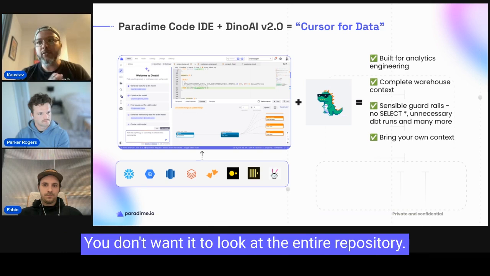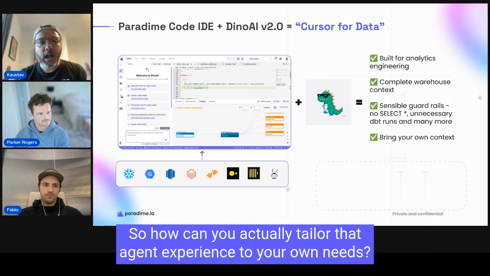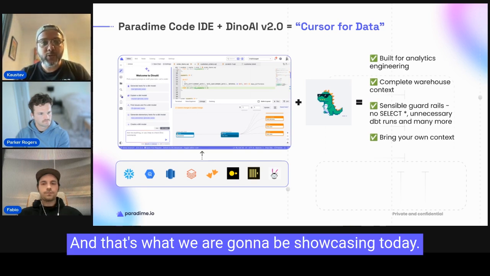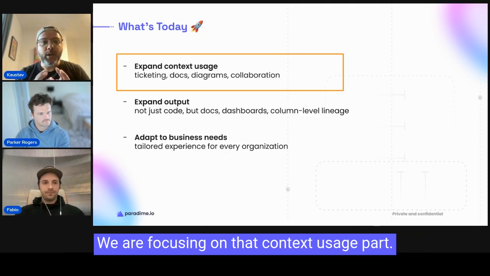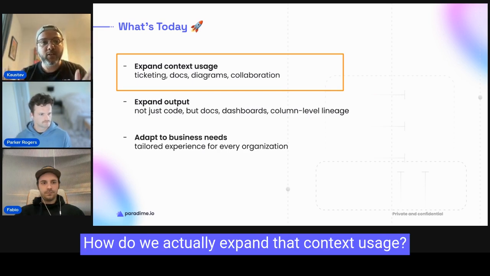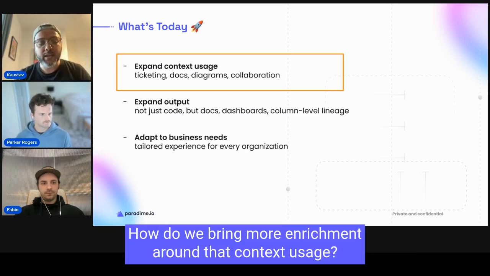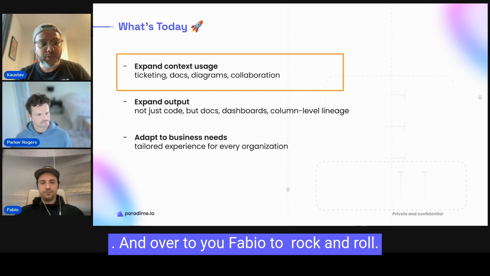You don't want it to look at the entire repository. So how can you actually tailor that agent experience to your own needs? That's what we are going to be showcasing today. We are focusing on that context usage part. How do we expand that context usage? How do we bring more enrichment around that context usage? And over to you, Fabio, to rock and roll.